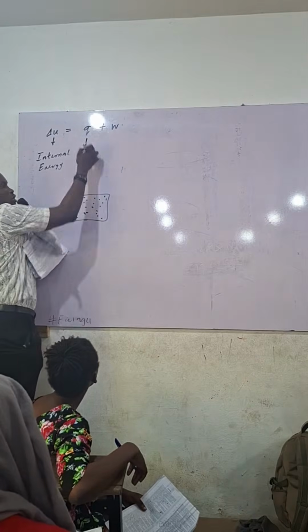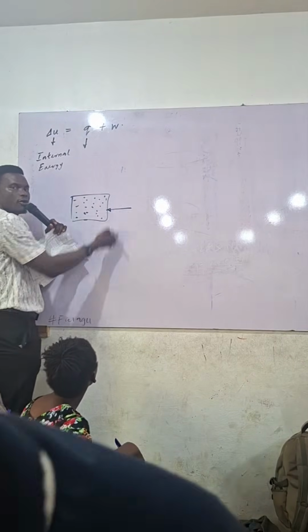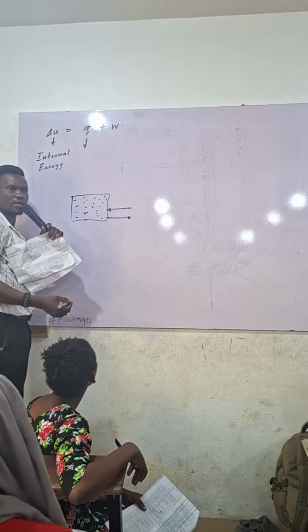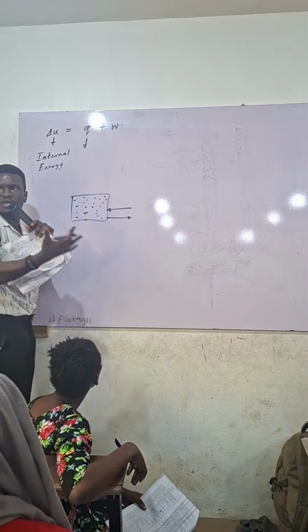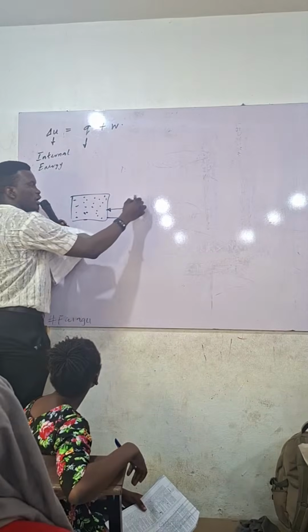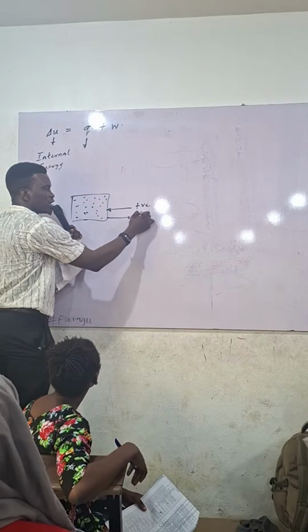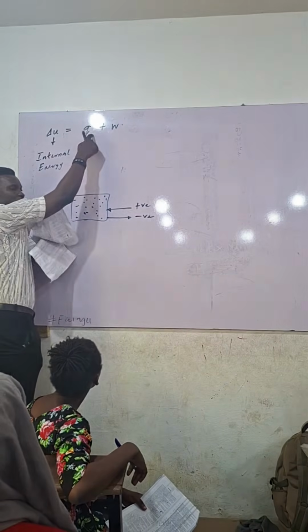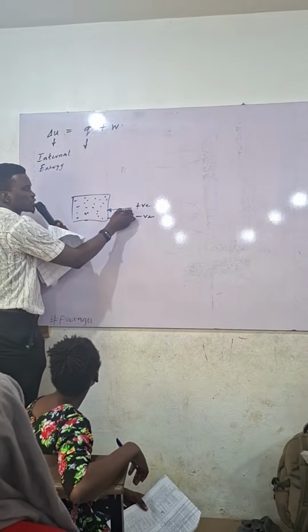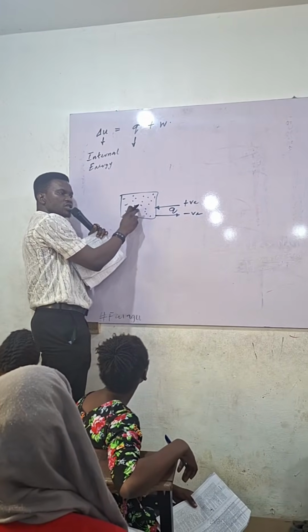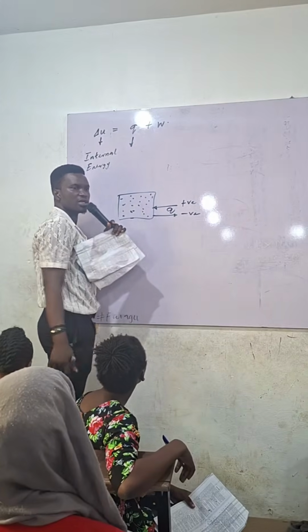One, is it taking it from the environment, or is it releasing it to the environment? You all know that taking it from the environment means endothermic, and giving it to the environment means exothermic. So this Q part represents this. Q can either add to the energy or take away from the energy.